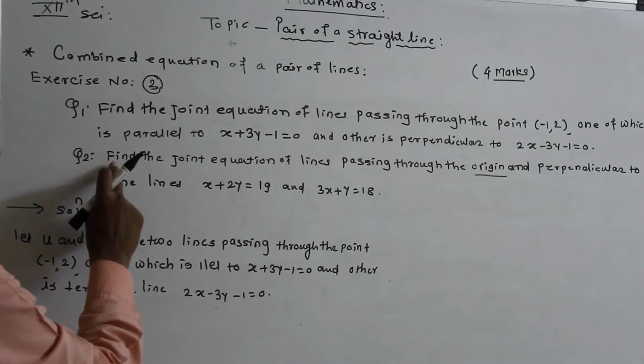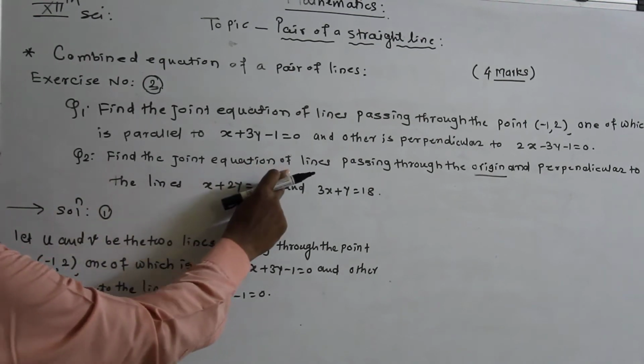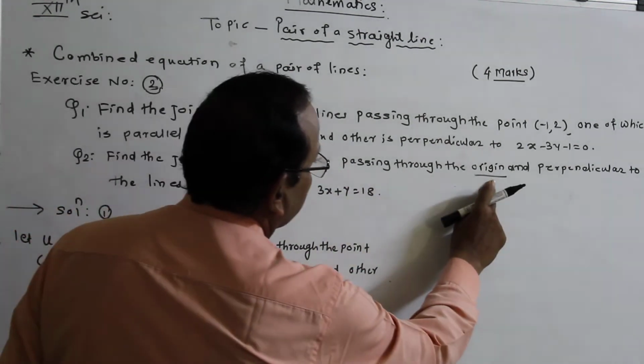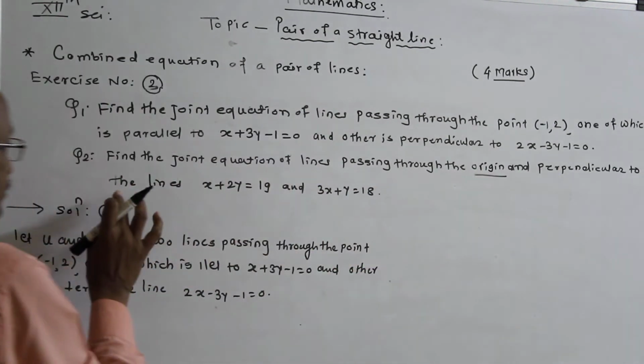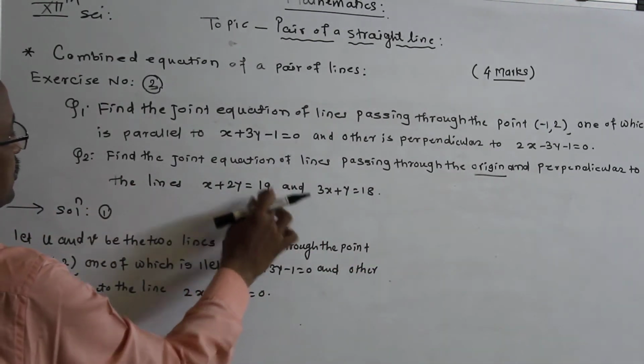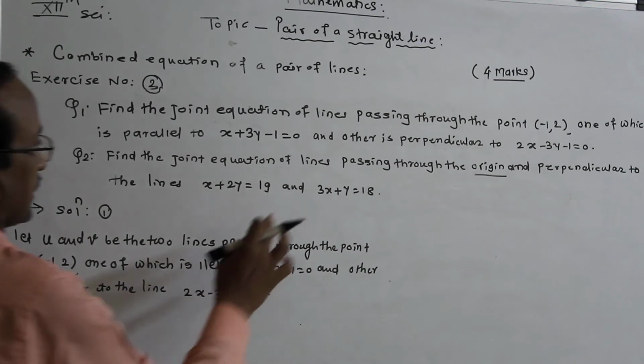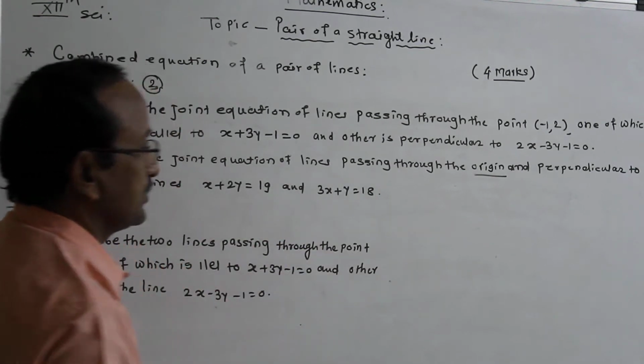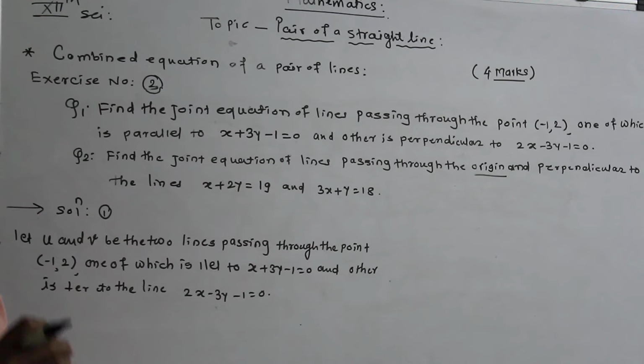Second: find the joint equation of lines passing through the origin and perpendicular to these lines x plus 2y is equal to 0 and 3x plus y is equal to 0. Now solve one by one.